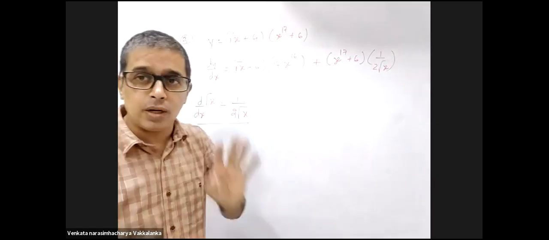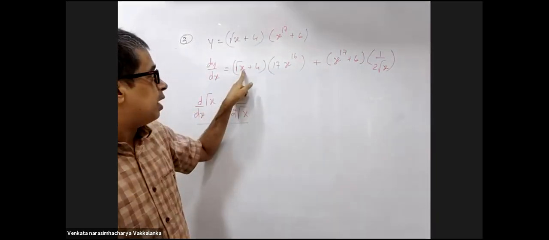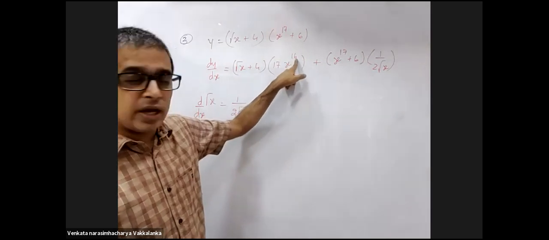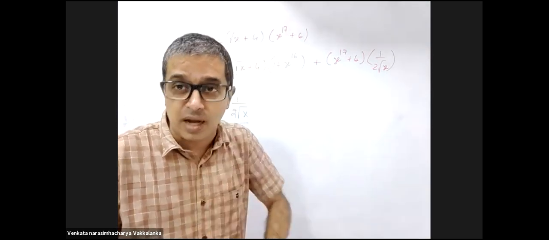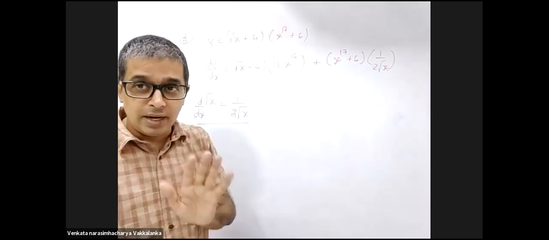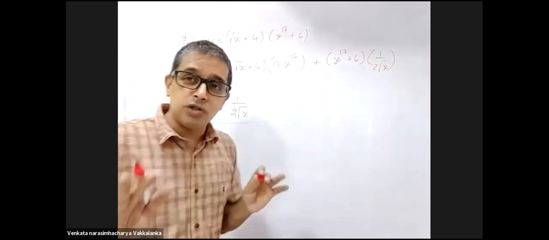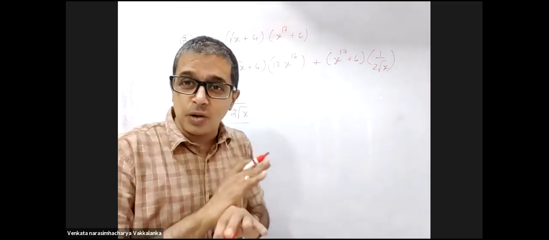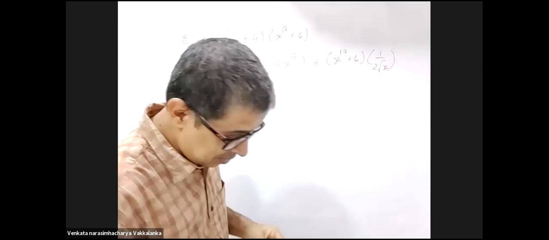Once again, I'm damn sure that you know how to open up the bracket. x to the power half into x to the power 16 is x to the power 16 plus half, that is 33 by 2. I am also by default assuming that all of you passed your 10th standard. Right?